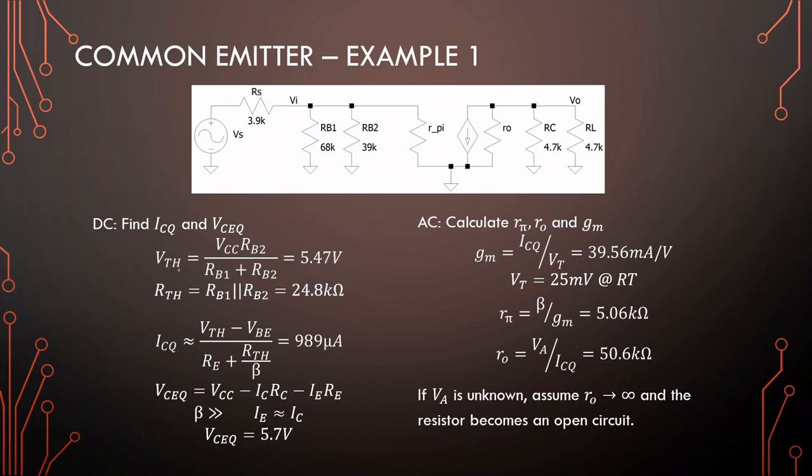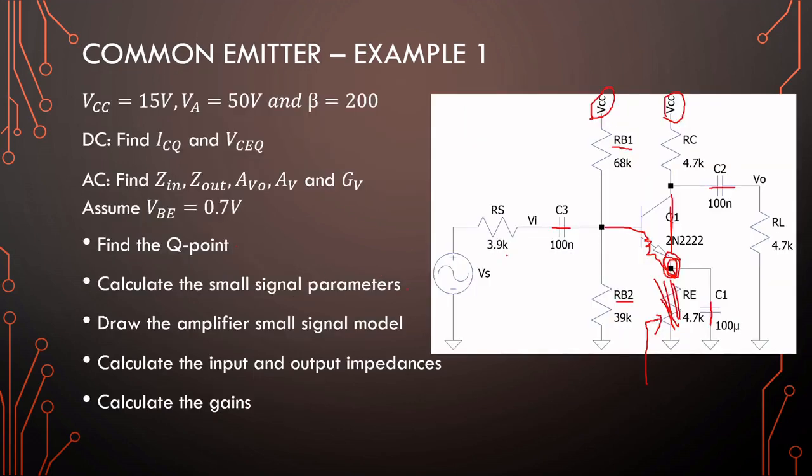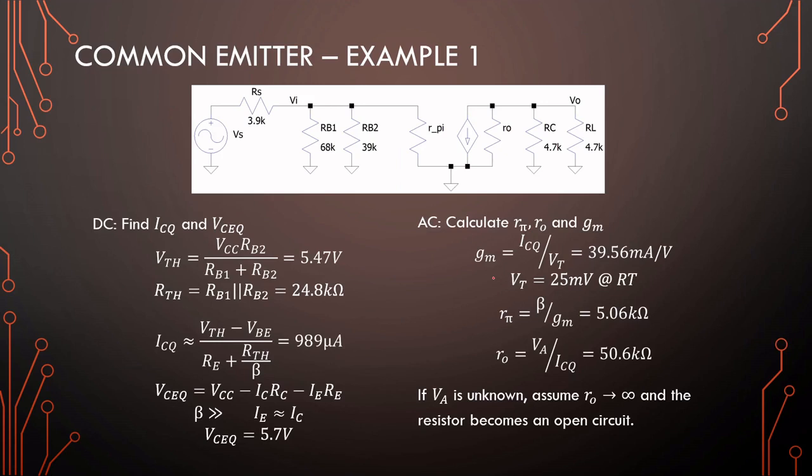Okay, for a voltage divider bias, we determine the Thevenin voltage here at this point and a Thevenin resistance so that we can calculate the bias. So 5.47 volts, 24.8 kilo ohms, and our Q point IC would be our Thevenin minus VBE over emitter plus Thevenin over beta, and that is almost 1 milliampere.